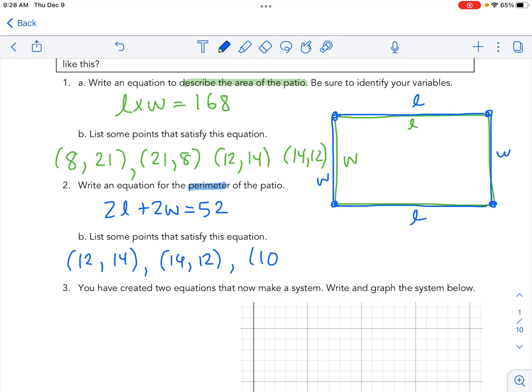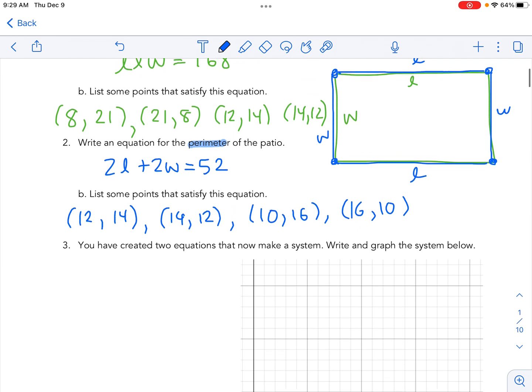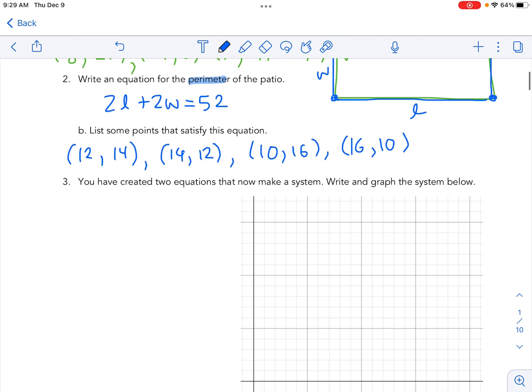Let's pick some other ones. How about, I just picked any number, but let's say 10. So 2 times 10 is 20. Subtract that from 52 is 32. So 10 and 16 also work. So we can make those pairs. I need to flip-flop those, right? We can flip-flop the 16 and the 10 as well.